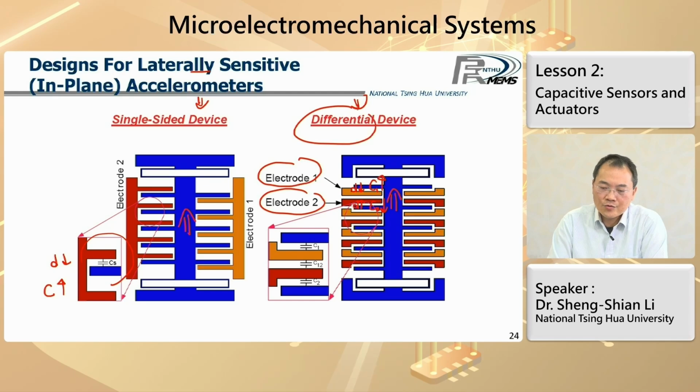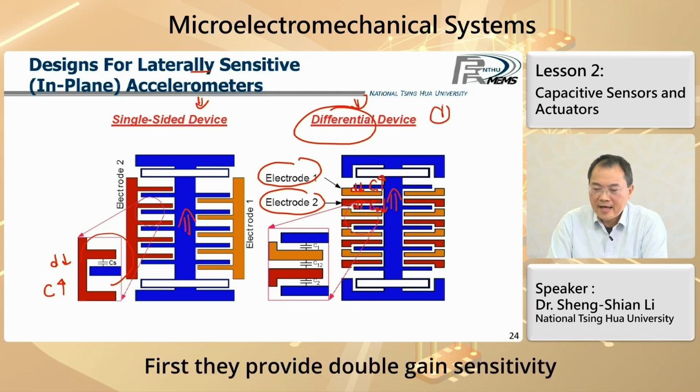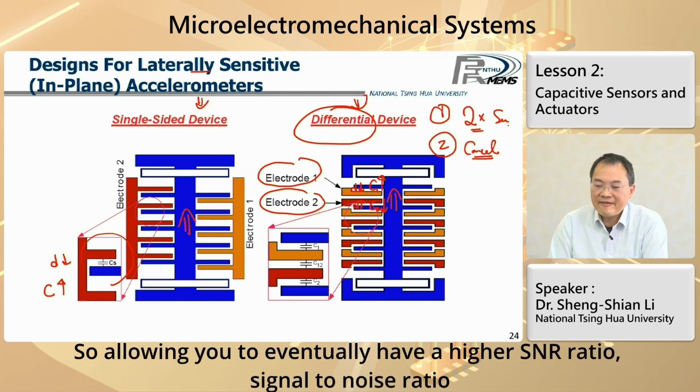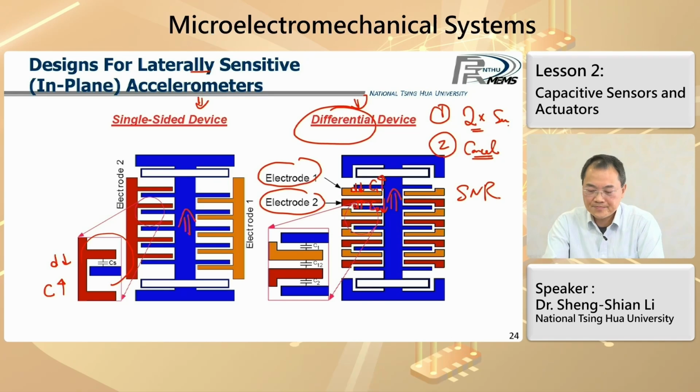Why is differential beneficial? First, it provides double the sensitivity gain. Second, it can cancel common mode noise, eventually allowing you to have a higher SNR, signal to noise ratio.